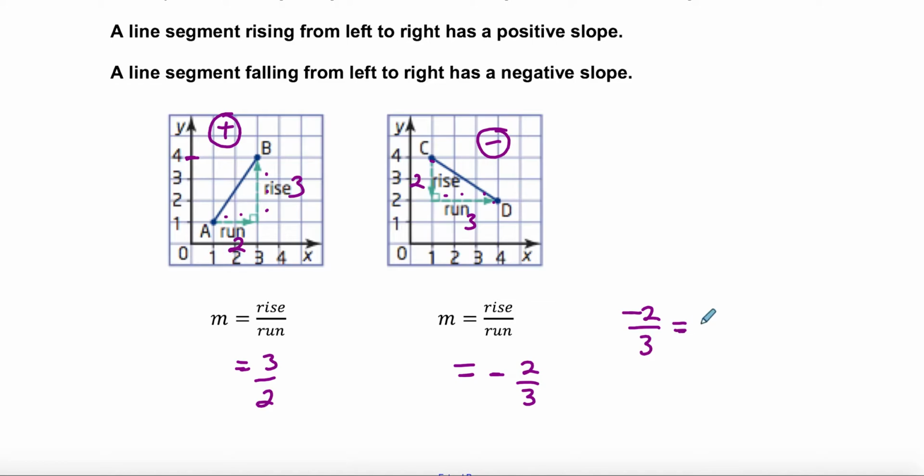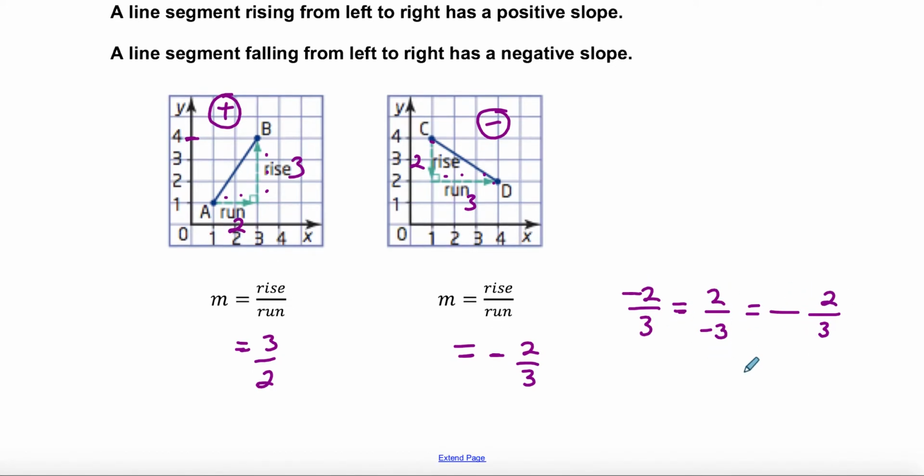I could write the negative in the denominator. Or I could write the negative right along the dividing bar here. So I can say negative 2/3 and it can be out front. As long as there's only one negative sign, then those are all equal to each other. Those are all negative slopes.